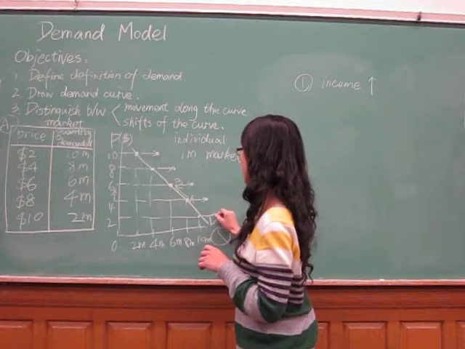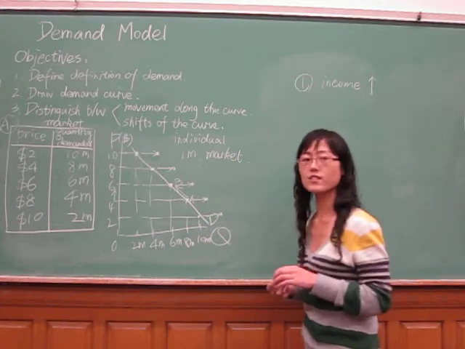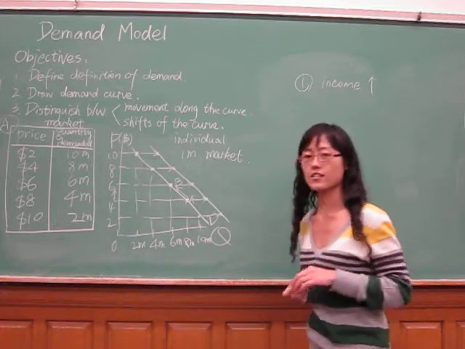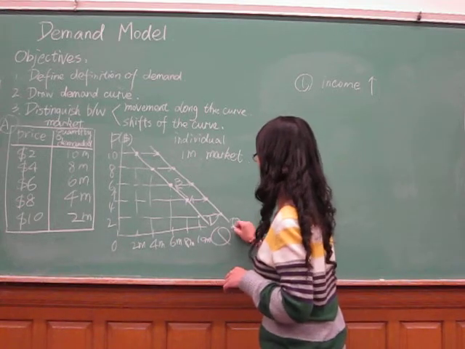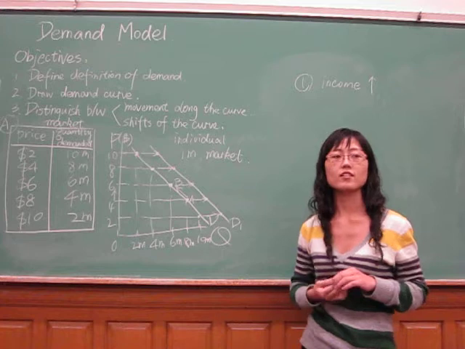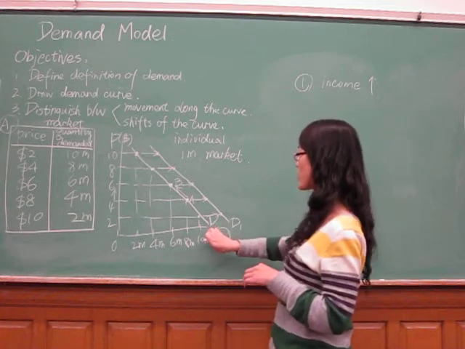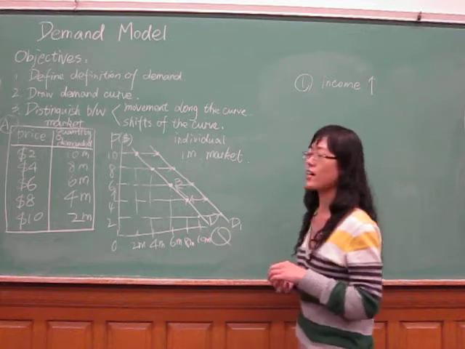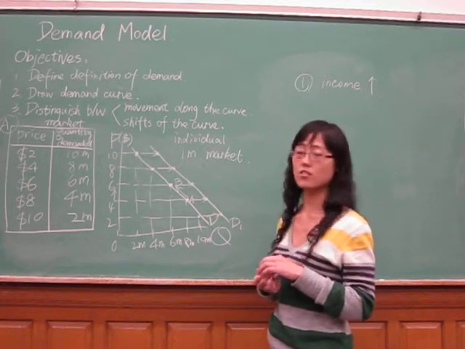When we connect those points, we get a new demand curve, which is D1, resulting from the original demand curve. D moves to the right. Okay, so now the demand curve shifts to the right.